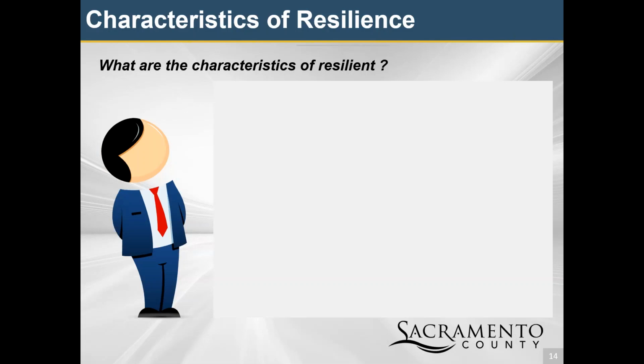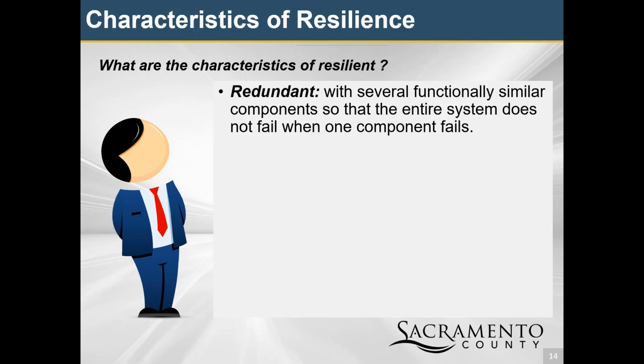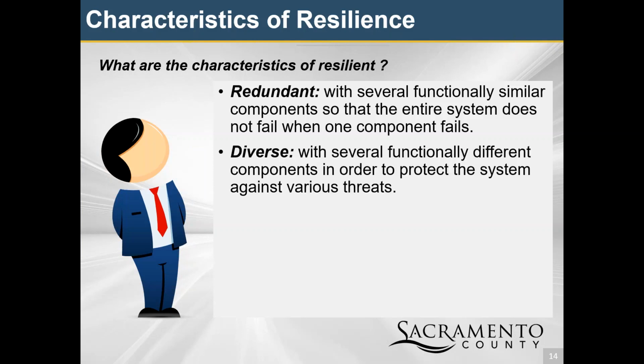Now, here are some characteristics of resilience. If you have some, you can go ahead and put them in the chat box and let me know and see if we can all get it right at the same time. Redundant, with several functions similar to components so that the entire system does not fail when one component fails. On one of the disasters that I've seen and experienced, they didn't have a lot of redundancy. So this is what's being developed when disasters happen so they can do the workaround.